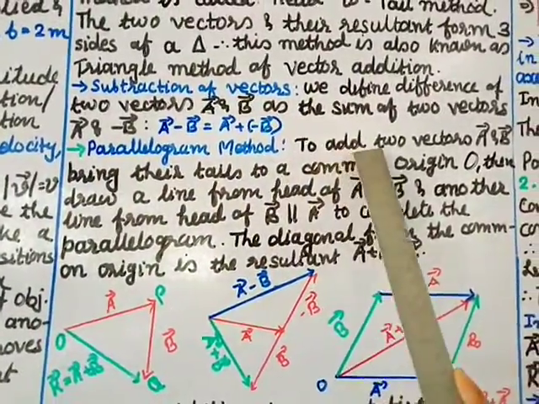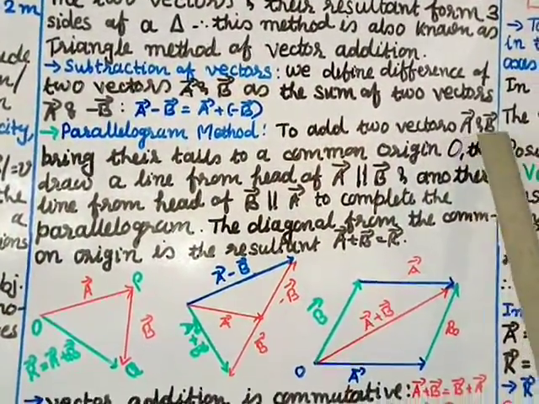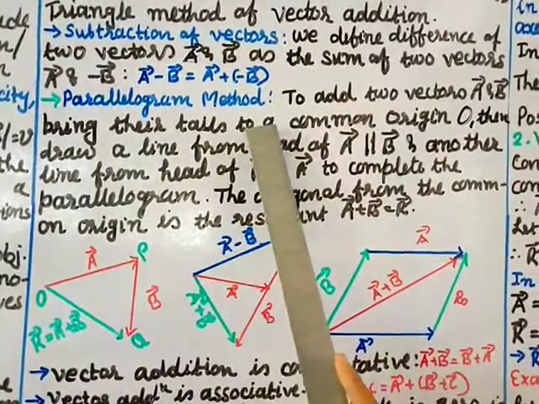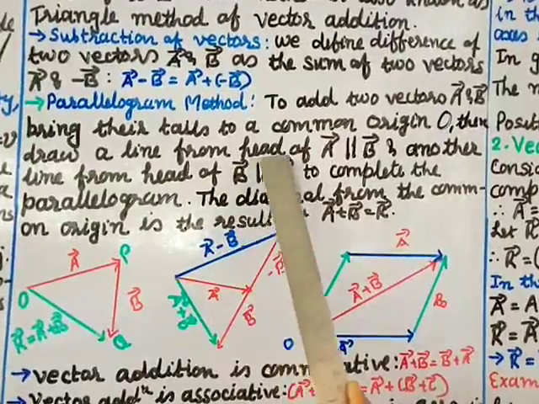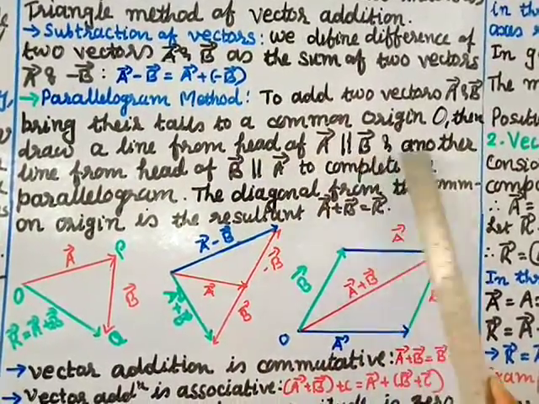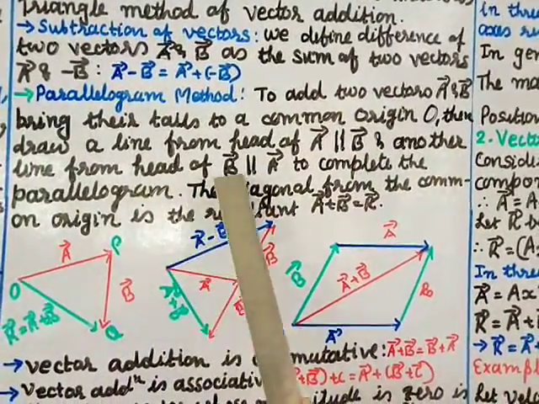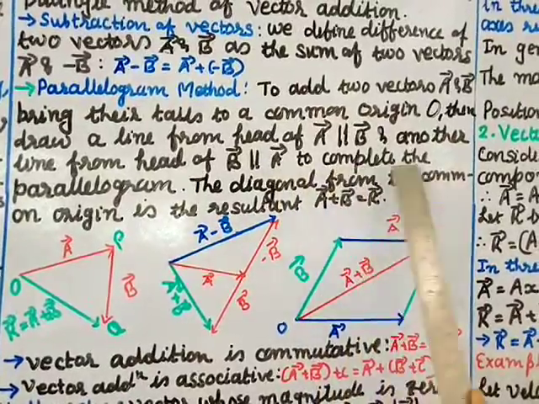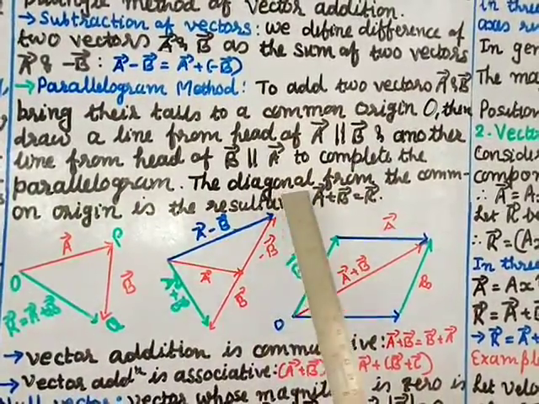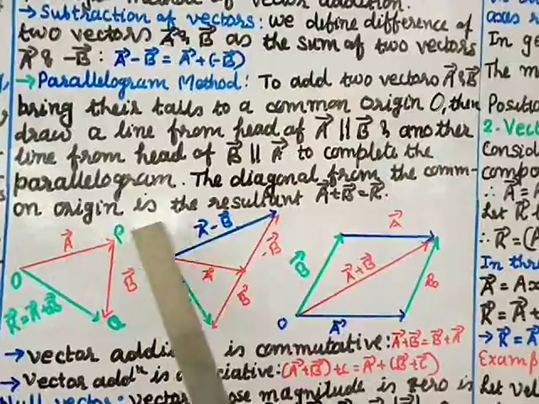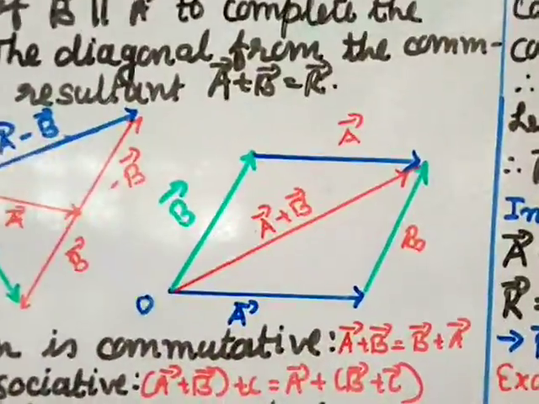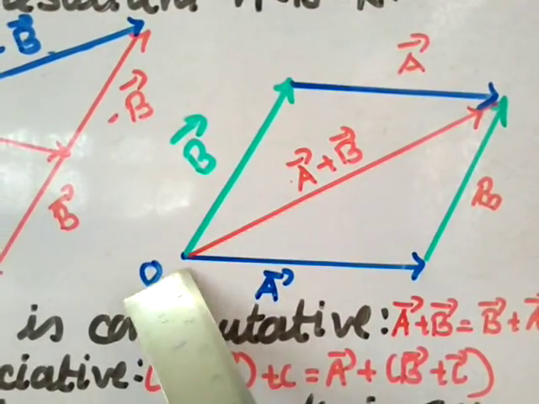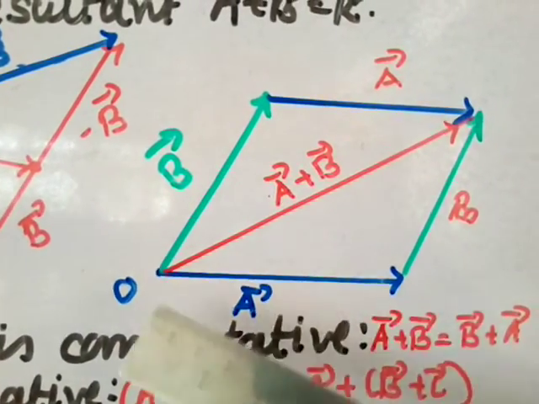Parallelogram method. To add two vectors a and b, bring their tails to a common origin O. Then draw a line from the head of vector a parallel to b and another line from the head of vector b parallel to a, to complete the parallelogram. The diagonal from the common origin is the resultant vector a plus vector b. Now here you can see, this is my common origin. From here you are drawing vector a and this is vector b.